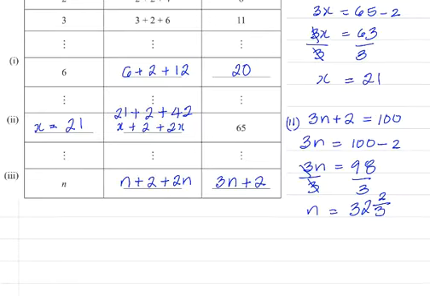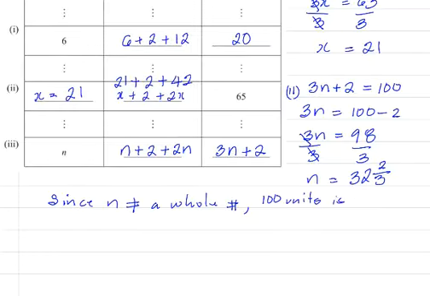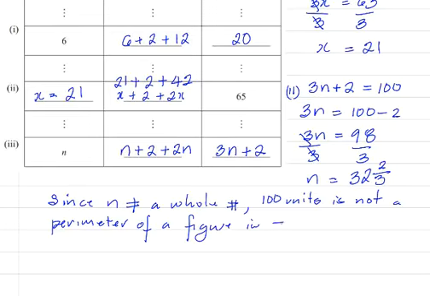So since n is not a whole number, 100 units is not a perimeter of a figure in this sequence. All right, so this is the answer for C.